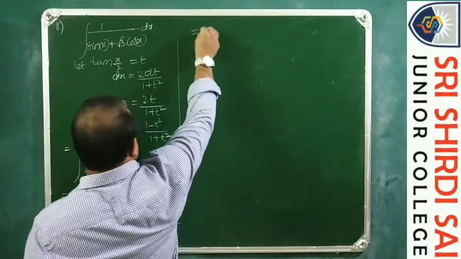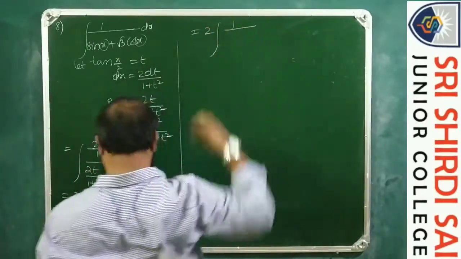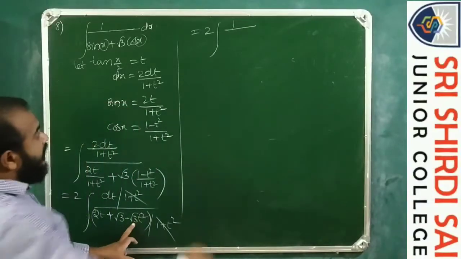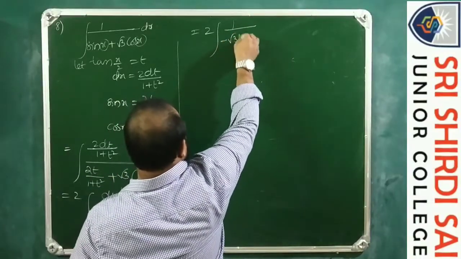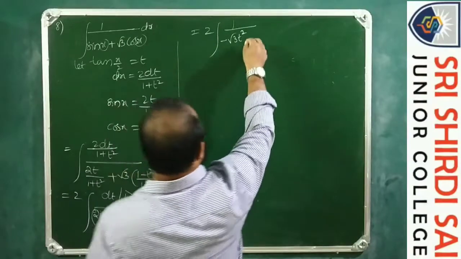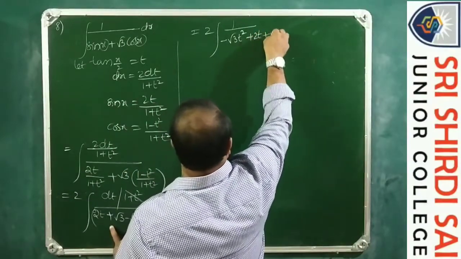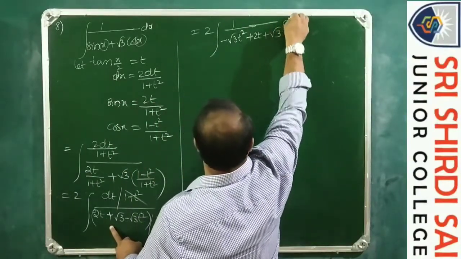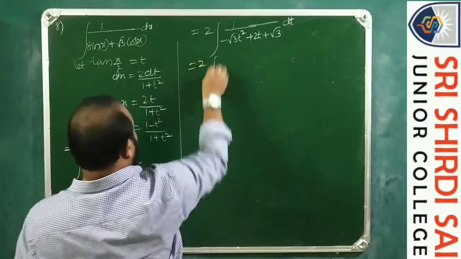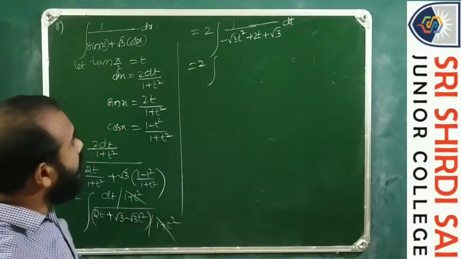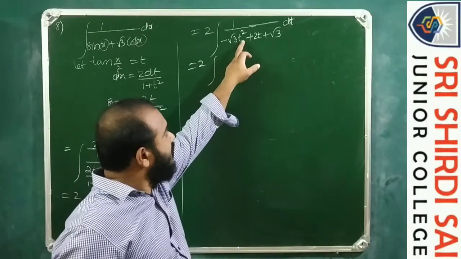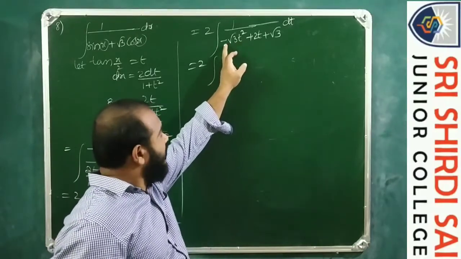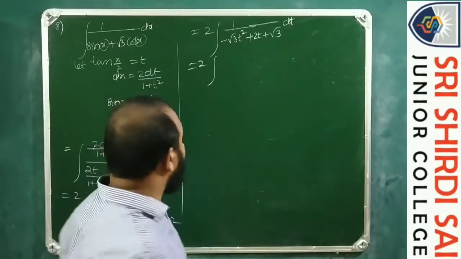This is equals to 2, 1 by, so minus root 3 t square plus 2t plus root 3 dt. So 2 into, so to make the t square quotient unity, let us take minus root 3 common.